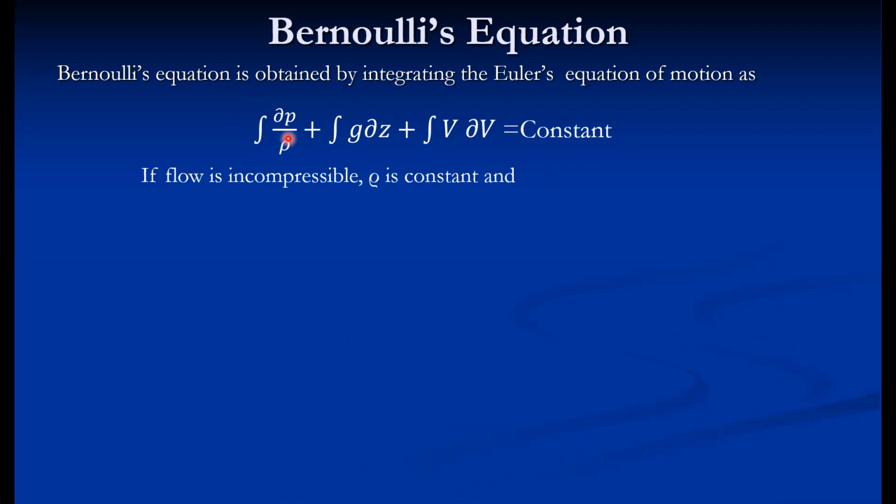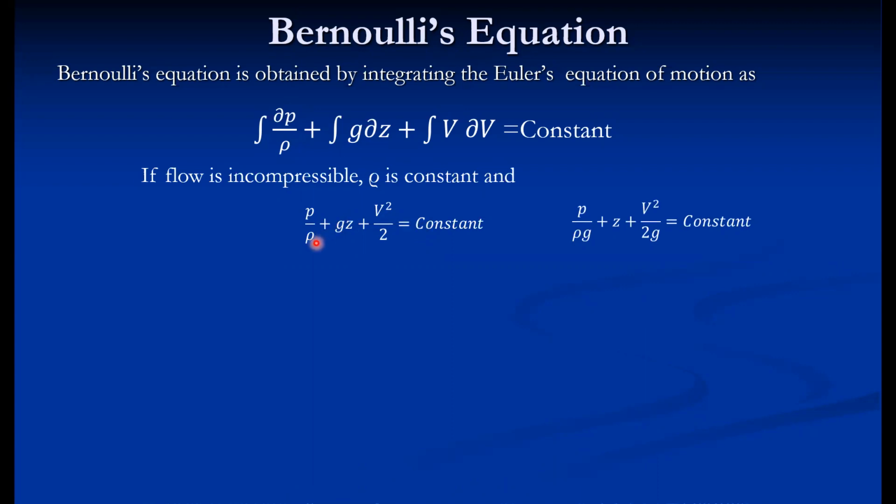While deriving Bernoulli's equation, we consider that the fluid is incompressible, so rho can be taken out of the integration. Integration of dp is p, integration of dz is z, and integration of v dv is v square by 2. After integrating, we get p by rho plus g z plus v square by 2 equal to constant.